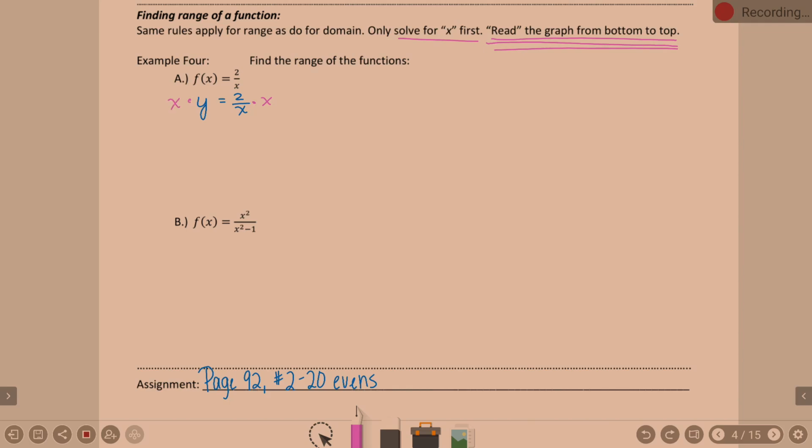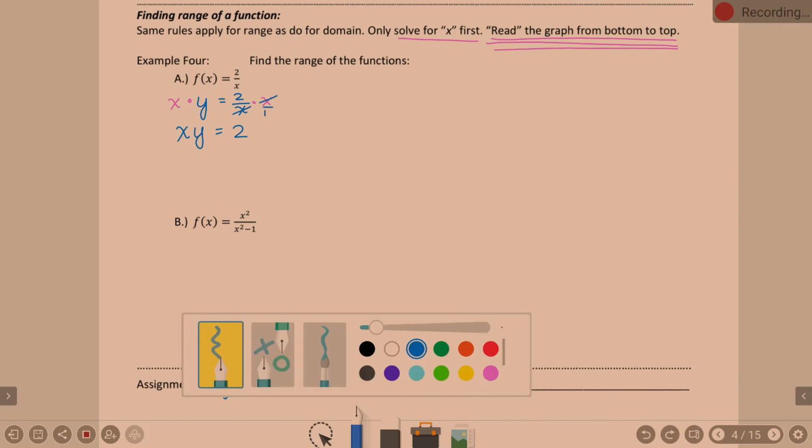X times y is xy. On the right, 2 over x times x is 2, because the x is canceled. You have 2. And then divide by y, since we're trying to solve for x.